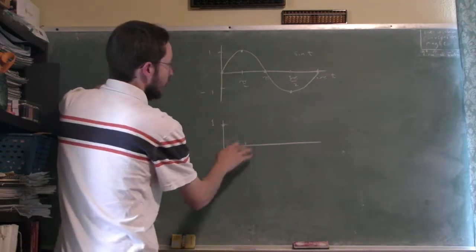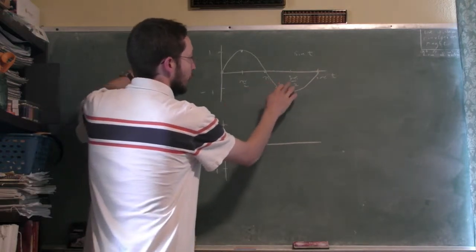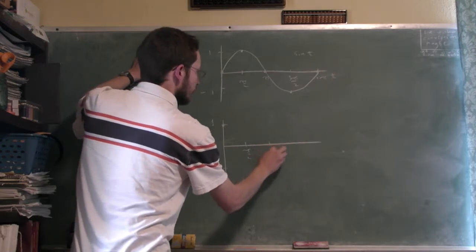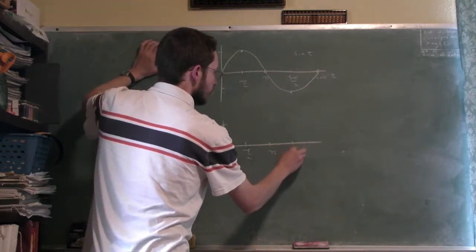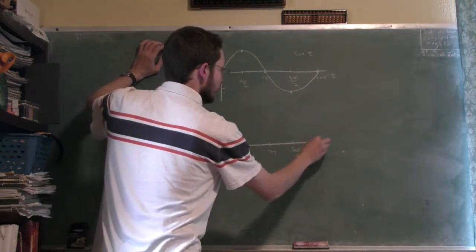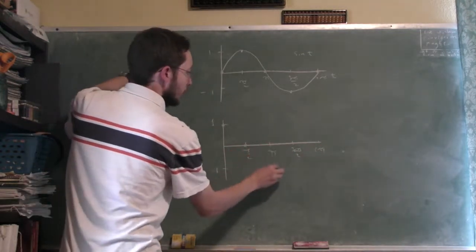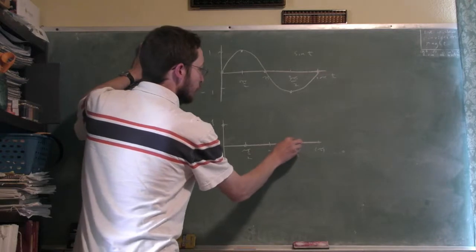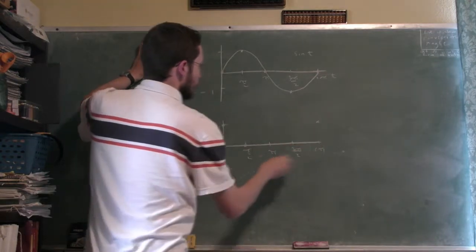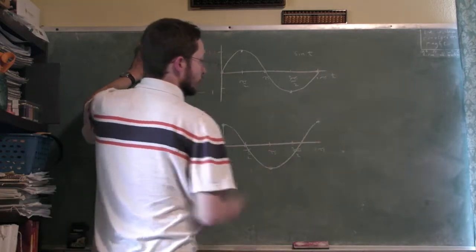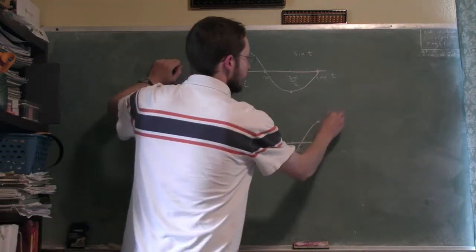And it occurs at the same interesting points: pi over 2, pi, 3 pi over 2, 2 pi. So it starts at 1, middle, negative 1, middle, and 1. So that's cosine.